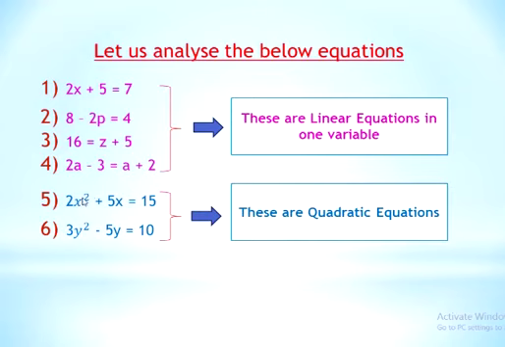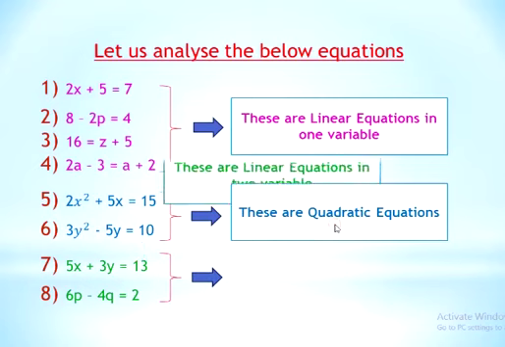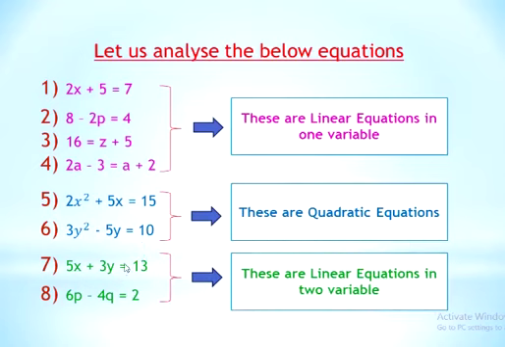Where the highest power is 2, it is called a quadratic equation. Let us take some other examples. Here there are two variables, x and y, but the highest power is 1. So this is called a linear equation in two variables.